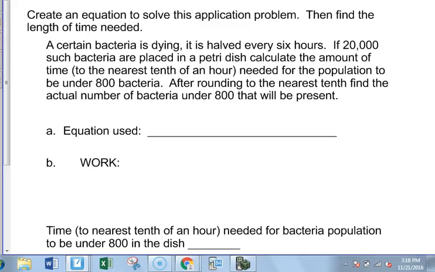It says a certain bacteria is dying. It is halved every 6 hours. If 20,000 bacteria are placed in a petri dish, how long till they're under 800? So what are we going to write? Good job, guys. Okay.